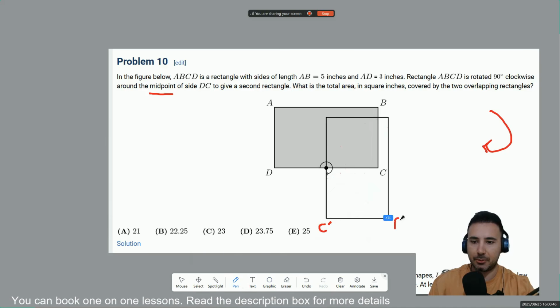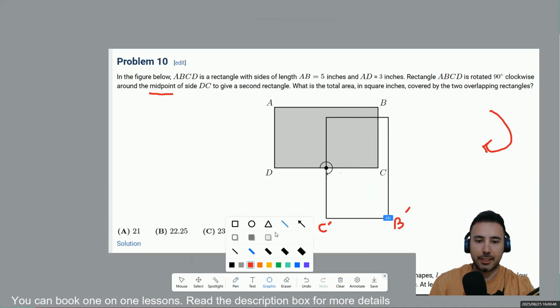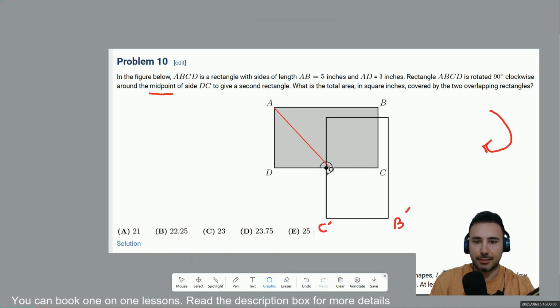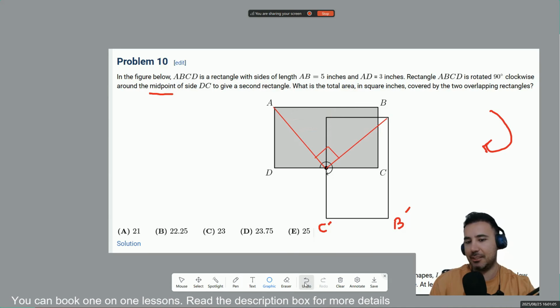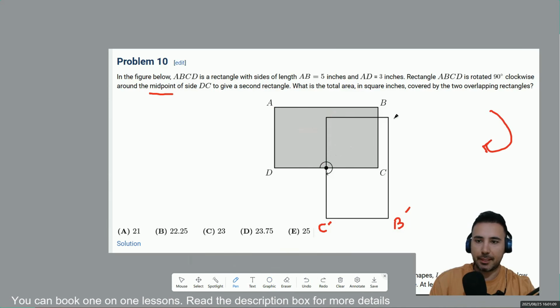Okay, let's go and do the other ones here. So where does A go? A is this distance, right? So again, 90 degrees. Let's go. This is where the A prime is. As you see again, this is 90 degrees for all of them. So that is also A prime.